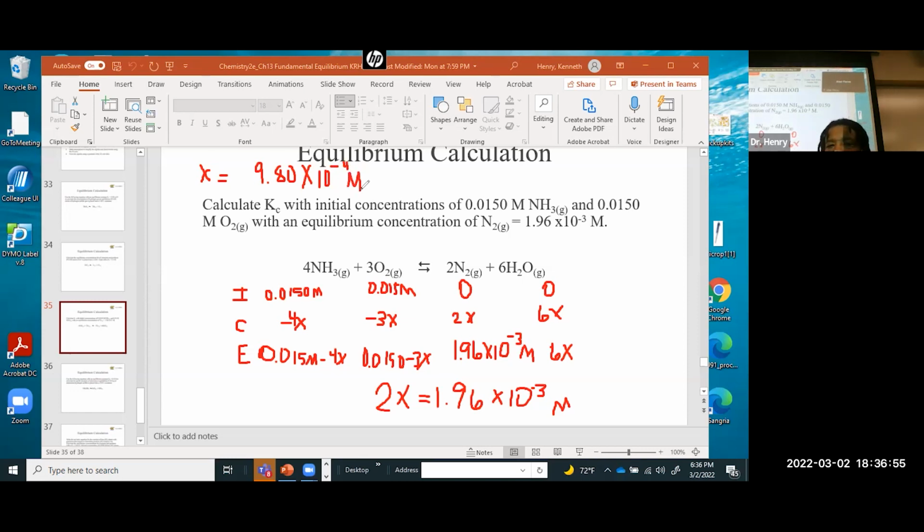Okay, so then the water is going to have at equilibrium 6 times that value. The concentration of water is going to be 6 times that value.